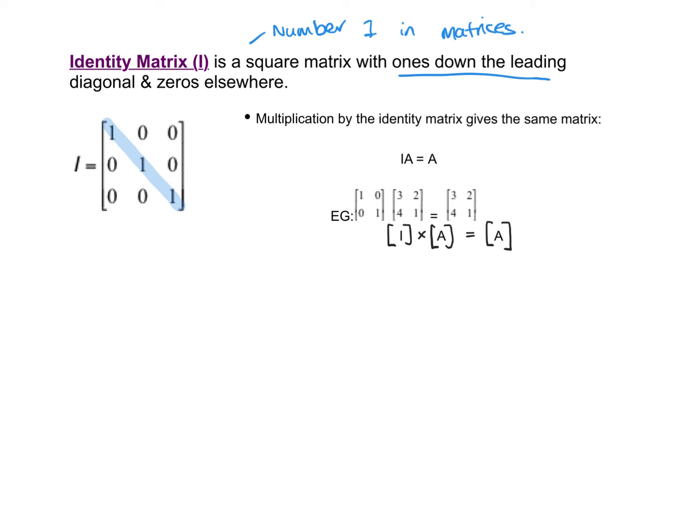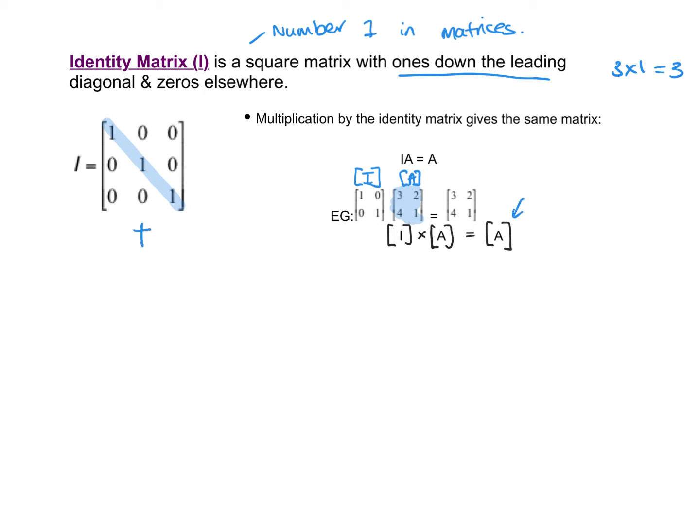Because in maths, if you multiply something by 1, you get the same thing, don't you? So if you go 3 times 1, you get 3 again. So here, if you multiply matrix A, there's A, by an identity matrix, which is here, we end up with the same thing, okay? So that's what we need to know.